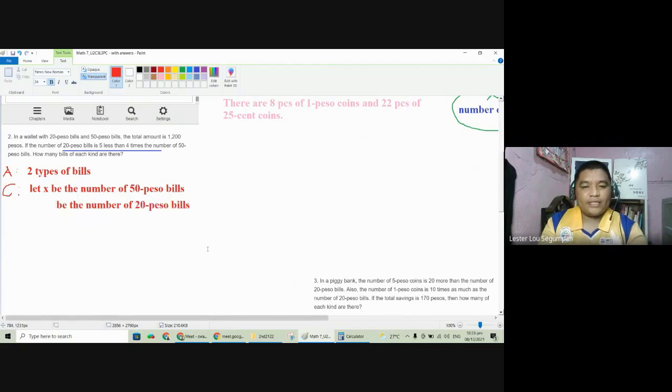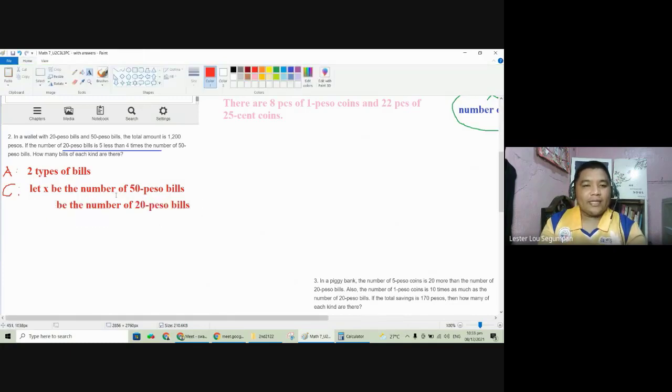But it should always be connected to the statement here. It states: if the number of 20 peso bills is 5 less than 4 times the number of 50 peso bills. And since we have denoted X as the number of 50 peso bills, we could use that in this situation.